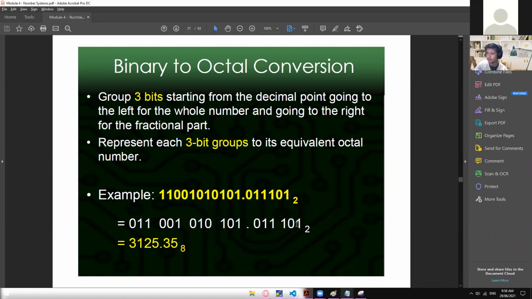Starting from here, we have 4 plus 1 is 5, 2 plus 1 is 3, 4 plus 1 is 5, and then 2, and then 1, and then 3. So 2 plus 1 is 3. Then wherever the decimal point is, just place it in there. So you'll get a result of 3125.35 base 8.